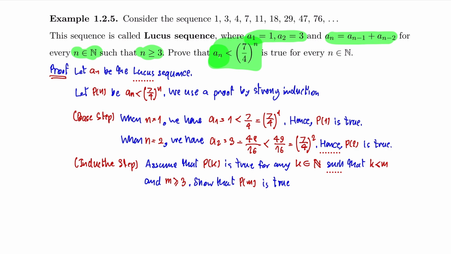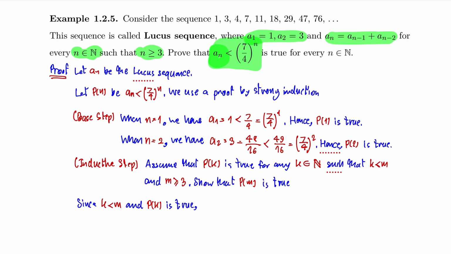Since k is less than m and P(k) is true, k can be m minus 1 or m minus 2.